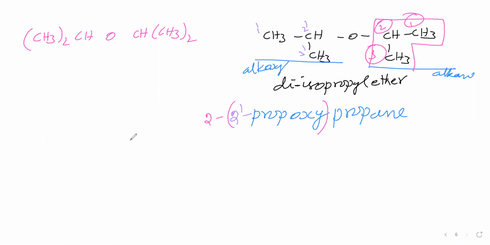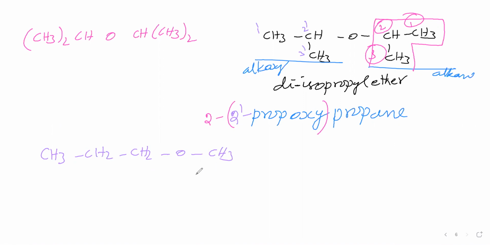Next compound we will take: CH3 CH2 CH2 OCH3. Now we will say the common name. This is N-propyl because all the carbon atoms are present in a straight chain and the ether functional group is present at the terminal carbon. Therefore, it is N-propyl. The other one is methyl.